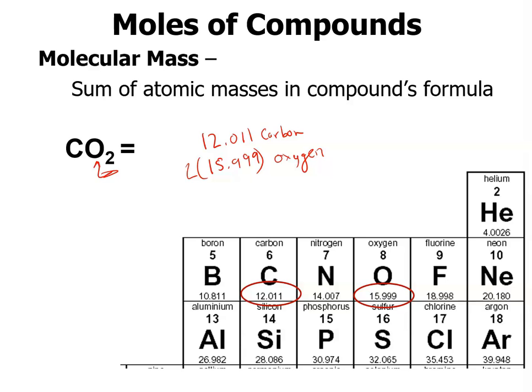If I add these all up, that is going to give me 44.009 grams per mole. This means grams per mole. So I can add these all up and get a molecular mass for this compound.